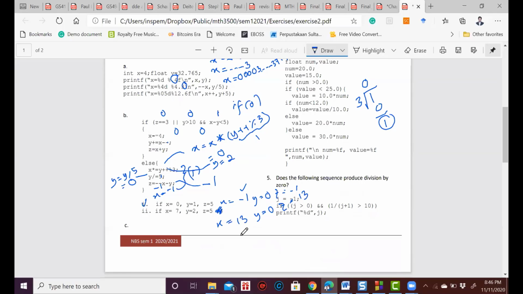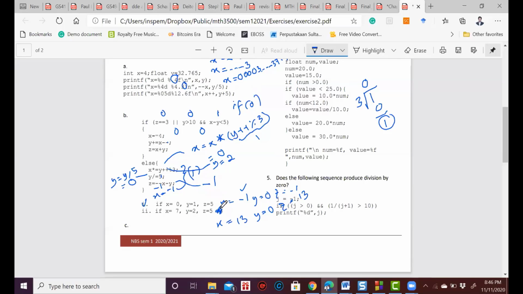Okay, the statement is false, right? I'm not sure. Amira and Liana, which one is true or false? Okay, now Z equal to 5, 5 equal to 3, 0. And then Y equal to 2, greater than 0.